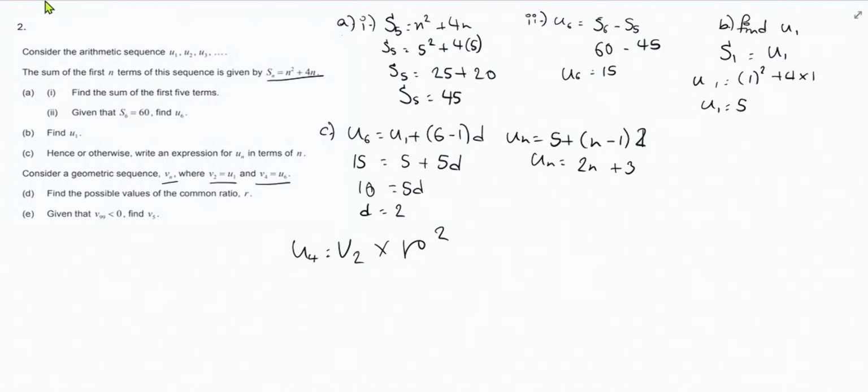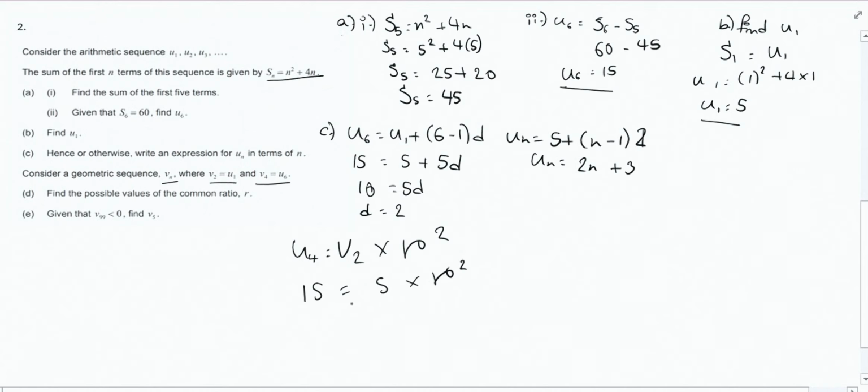We already found u1 and u6, so we can write v4 as 15 and v2 as 5 and r squared. So it will be 3 equals r squared, and the r value can be root 3 or minus root 3.